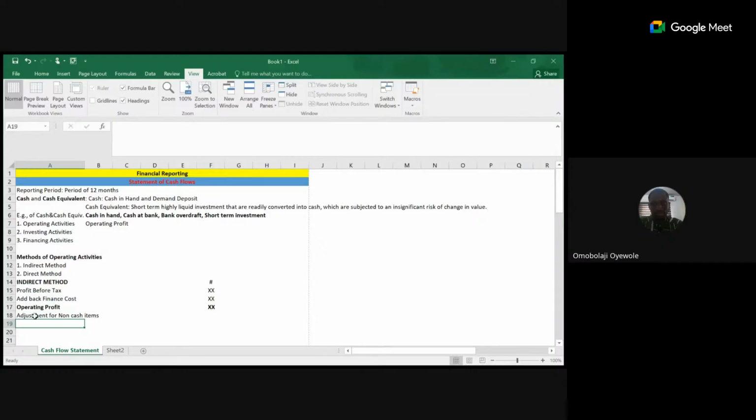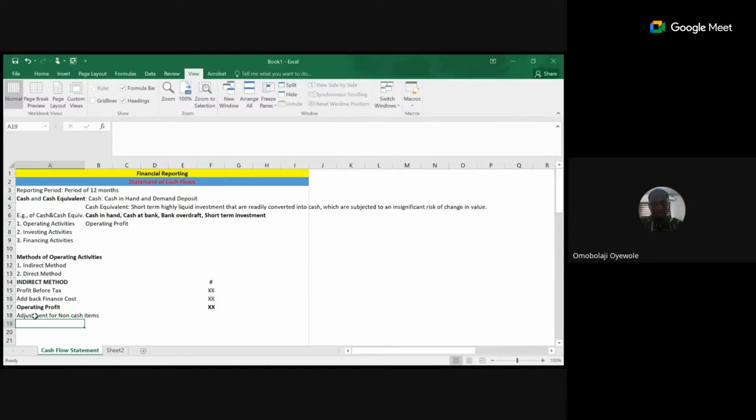The profit that we have, according to your statement of profit or loss, is based on accrual. But here, in the cash flow statement, we are concerned about the cash. So anything that doesn't deal with cash has to be not considered. That is why we are going to make adjustment for those non-cash items.